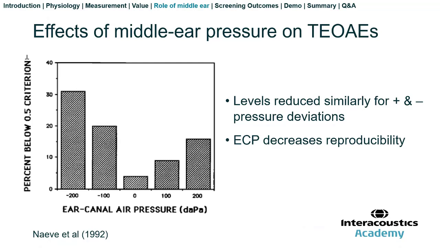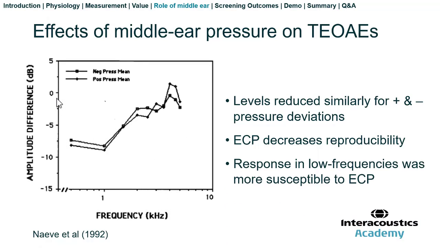They also found that deviant ear canal pressure resulted in a reduction of reproducibility. So this graph is showing the percent below 0.5 criterion for reproducibility. As you see at the 0 decapascal, the bar is the lowest, and as you increase or decrease the ear canal pressure, you get worse reproducibility scores.